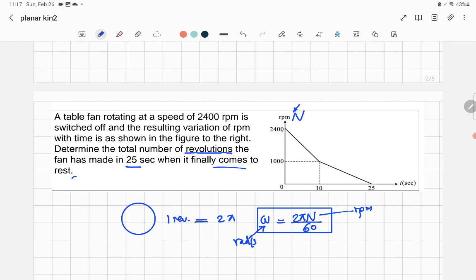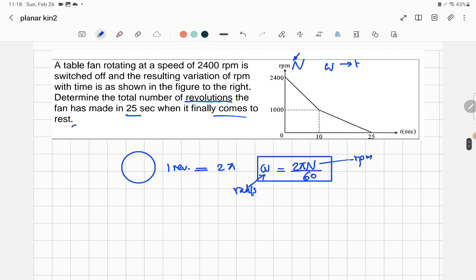So omega is given in this diagram, omega against t. What's required? We need to find how many revolutions it will make until it rests and stops moving. To find the number of revolutions means finding how many radians, which means we want to find theta. We know that omega equals d theta by dt. That's the relationship between the angular velocity and the angular displacement.